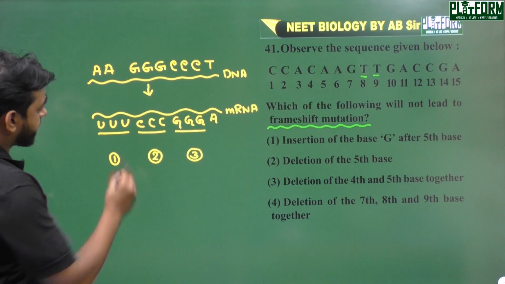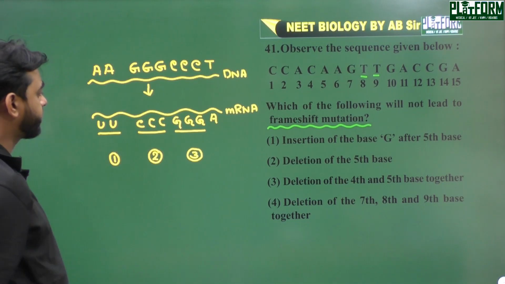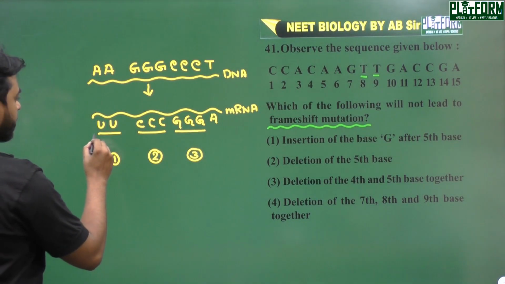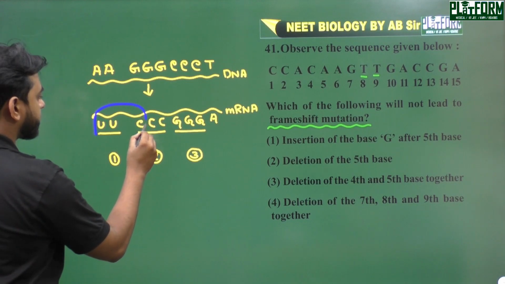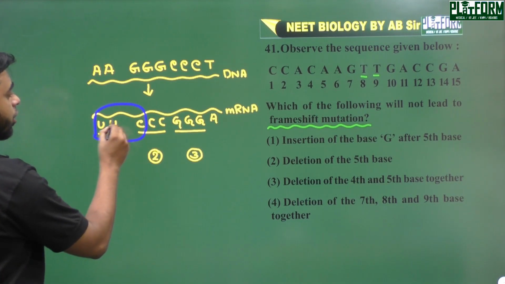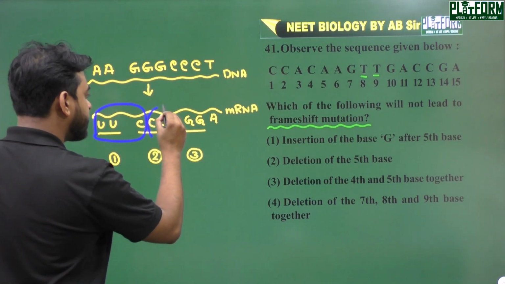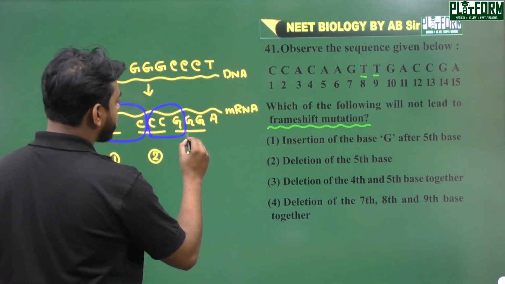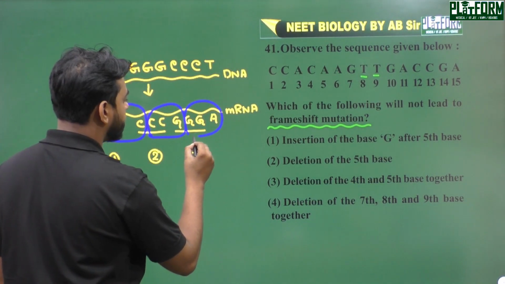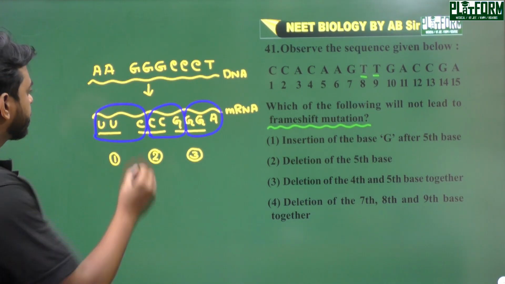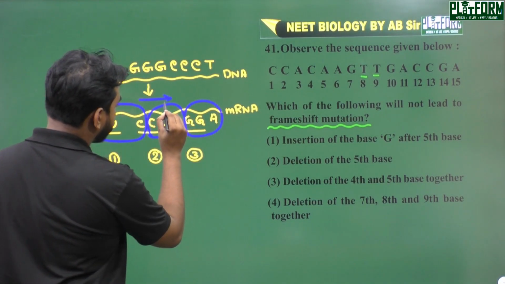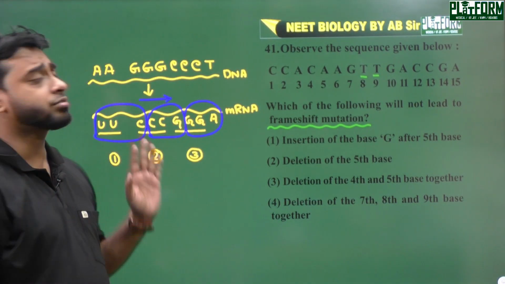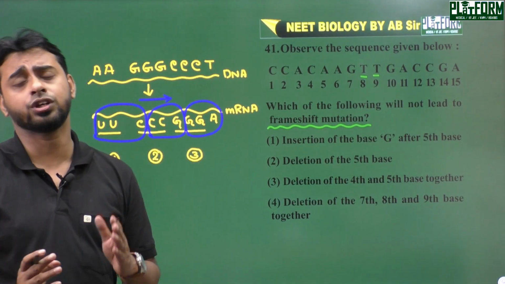If the A gets deleted, then definitely here the U gets deleted. So definitely now the reading frame will be shifted. That's UUC instead of UUU, CCG instead of CCC, and GGA instead of GGG. So there is a shift in the reading frame because we delete one nitrogen base from the intermediate position of DNA.